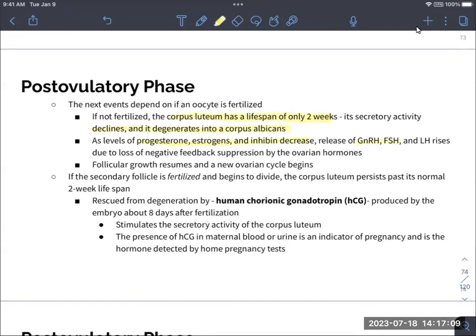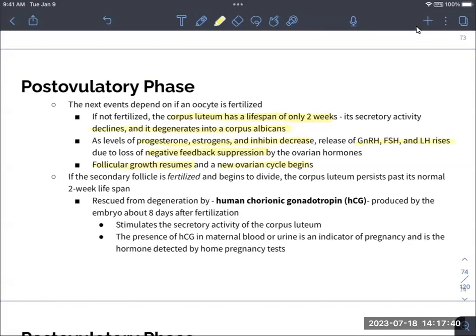Gonadotropin releasing hormone, follicle stimulating hormone, and luteinizing hormone are going to start to rise because of negative feedback suppression. Those progesterone, estrogens, and inhibin are preventing those gonadotropin, follicle stimulating hormone, and luteinizing hormone from being released. Once that stops, these hormones start coming back up again. Follicular growth is going to start to resume again, and a new ovarian cycle is going to begin.